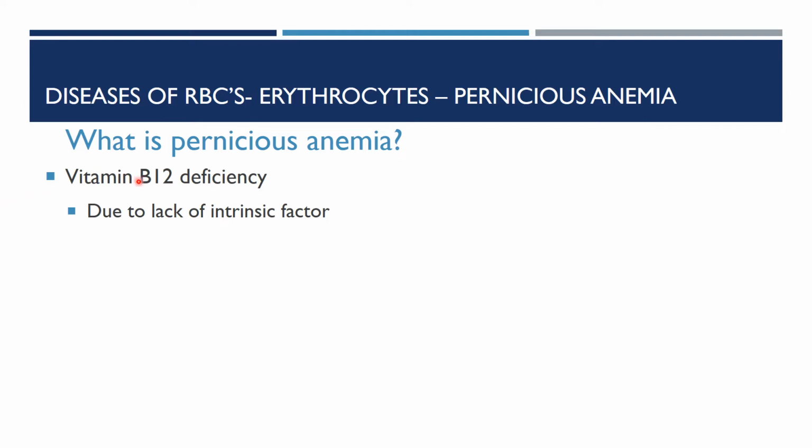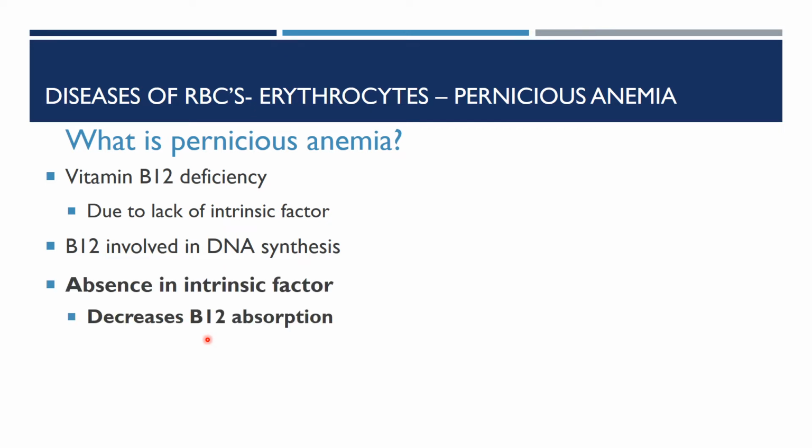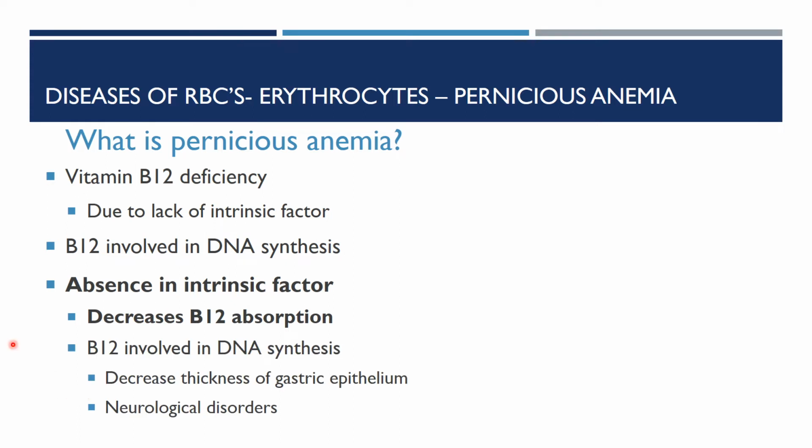Intrinsic factor is what allows absorption of B12 to occur. Like I said, B12 is involved in DNA synthesis. If you don't produce the intrinsic factor, then it's very difficult to absorb B12.